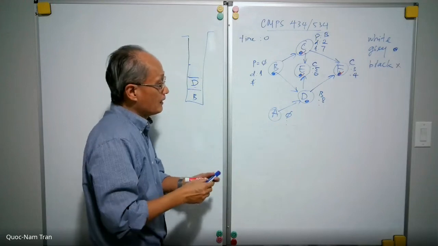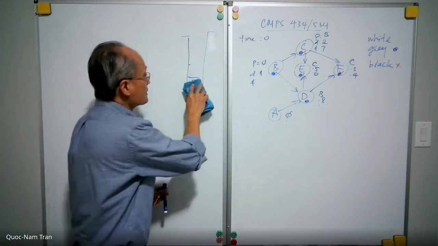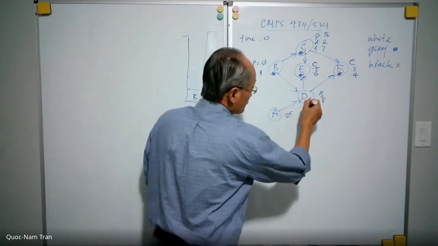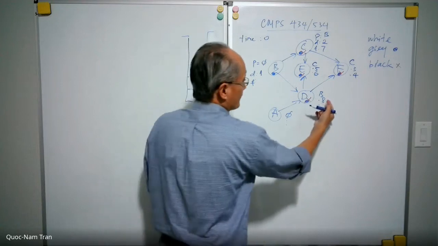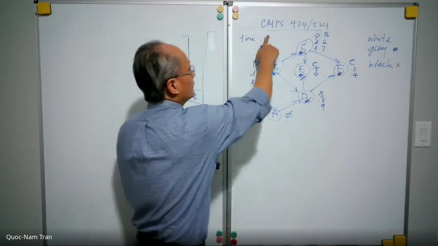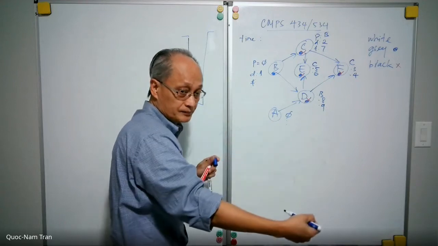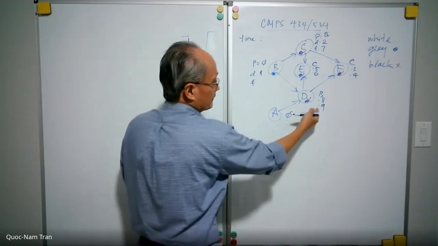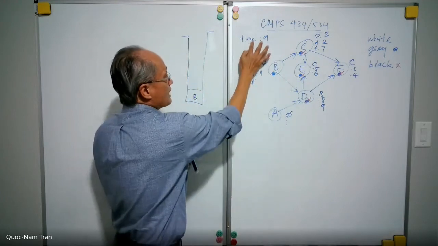Hence, we finish working with D. So we pop it out, change the color to black, and record the finishing time, now 9. Remember that you keep a timer: every time you discover a node or finish a node, you increase the timer. So now the timer is 9, and you can update the timer here.